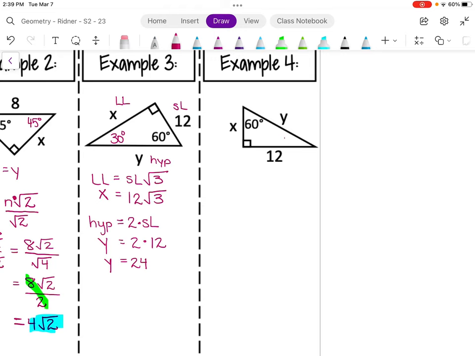Last example. Again, a 30, 60, 90. Oops, let's try this again. Long leg equals short leg times square root of 3. Well, I don't know what the short leg is. It's x. But I do know that the long leg is 12. So just like we did in example 2, we're going to divide by square root of 3.